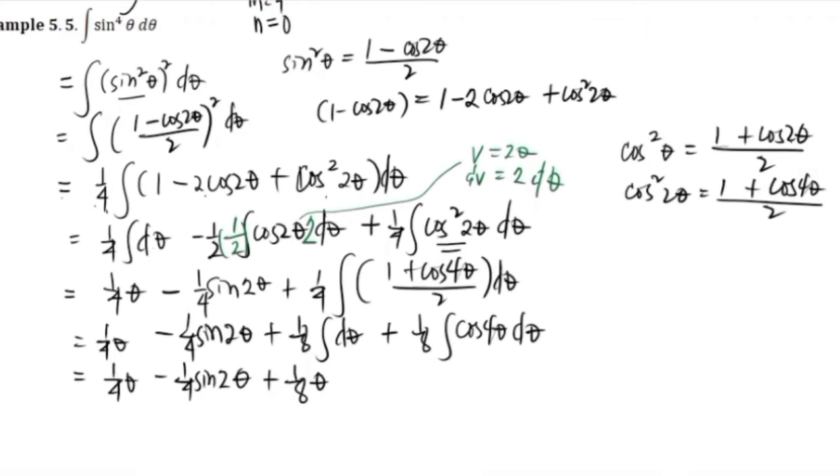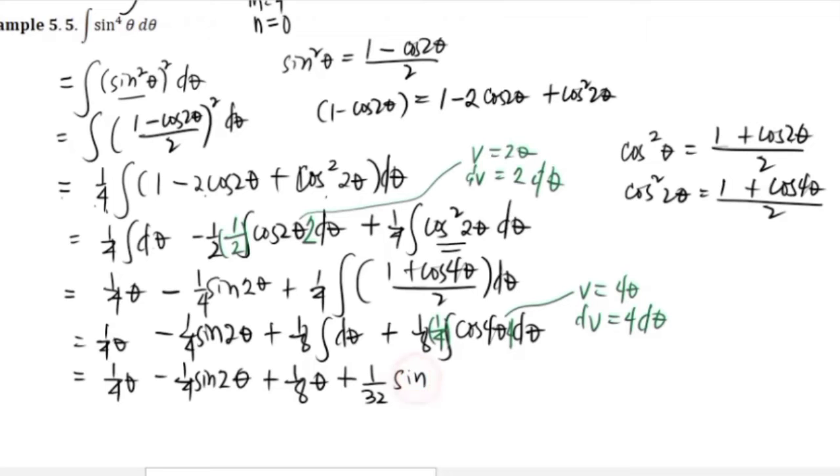And dito, since your v is equal to 4 theta, therefore your dv is equal to 4 d theta. So, kulang na lang tayo ng 4 dito. We multiply 4 and we multiply 1/4 dito sa unahan. So, we would have plus 1 over 32. The integral of cosine is sine, so that's sine of 4 theta plus c.